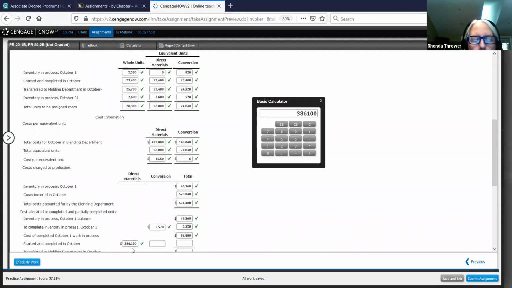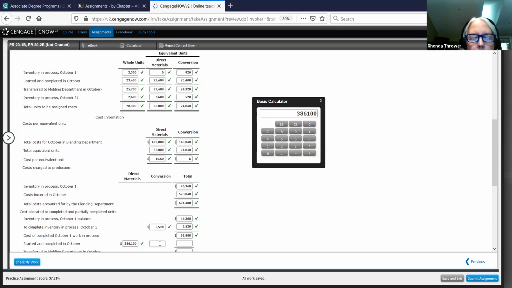The materials cost is $386,100. I got that by taking my equivalent units for my started and completed units, 23,400, and I multiplied that by 1650, and that gave me this amount.